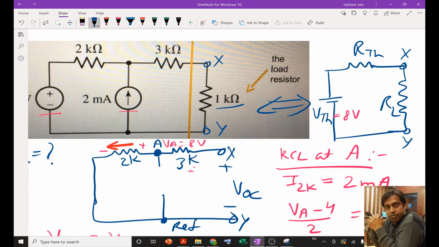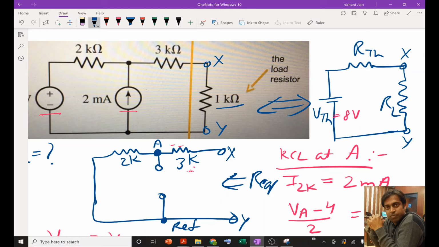To deactivate the current source, I replace it with an open circuit. And now I need to determine the R equivalent of this circuit, and the R equivalent will be nothing but the Thevenin resistance value.